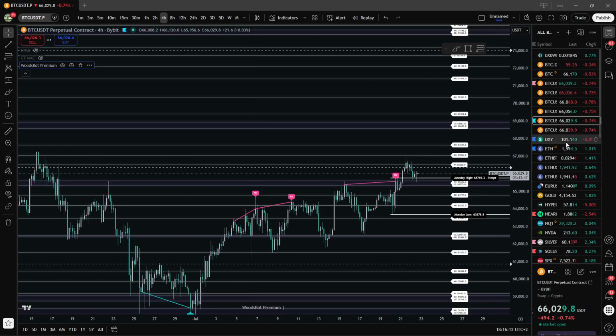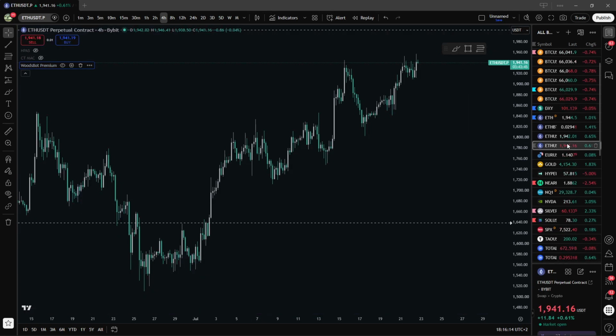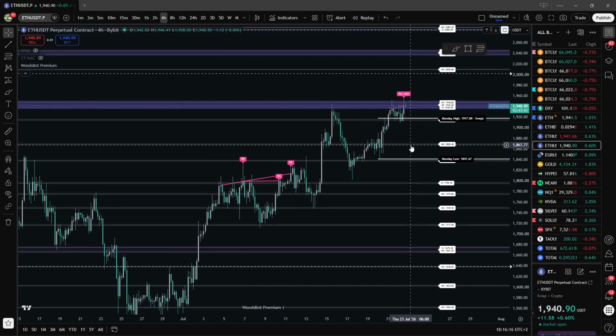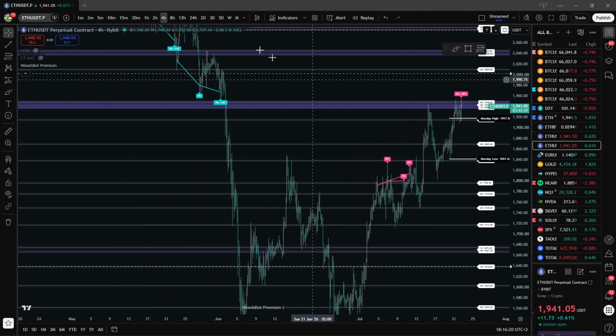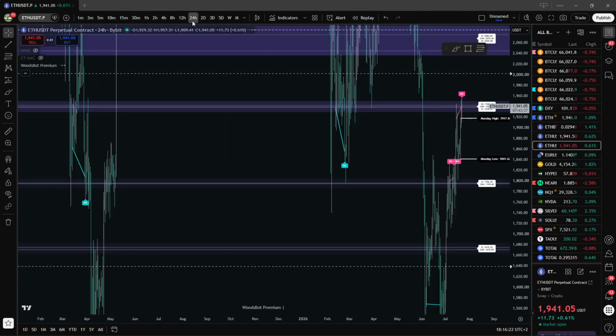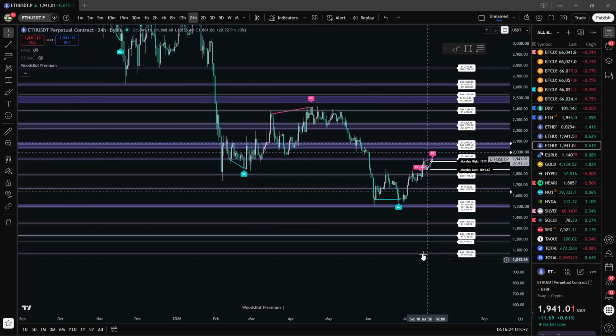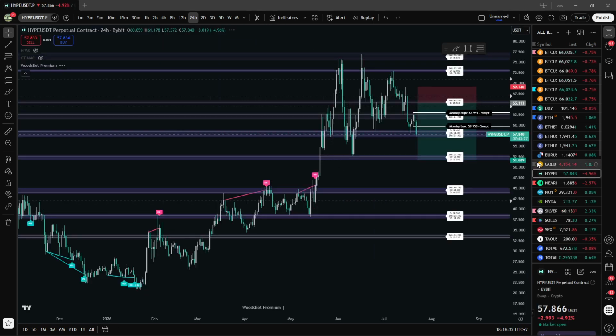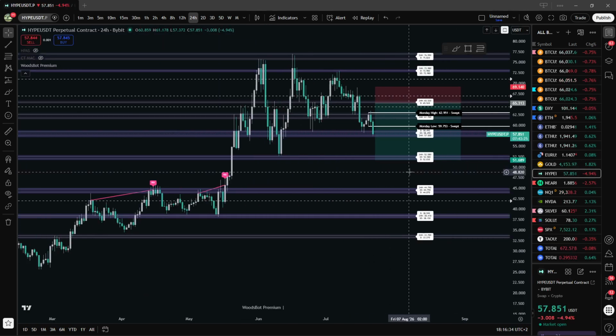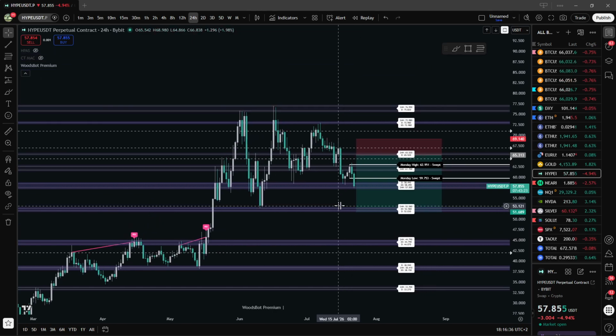I'm actually interested to see if any major coin hasn't swept its Monday high yet. Ethereum has, but Ethereum is under quite heavy resistance at the moment. Ethereum is under heavy resistance. Hype looks terrible.